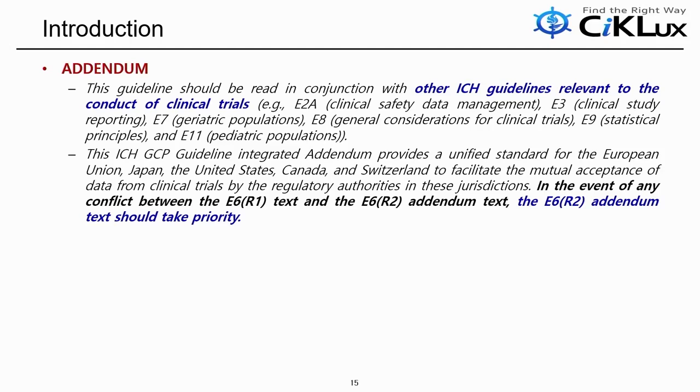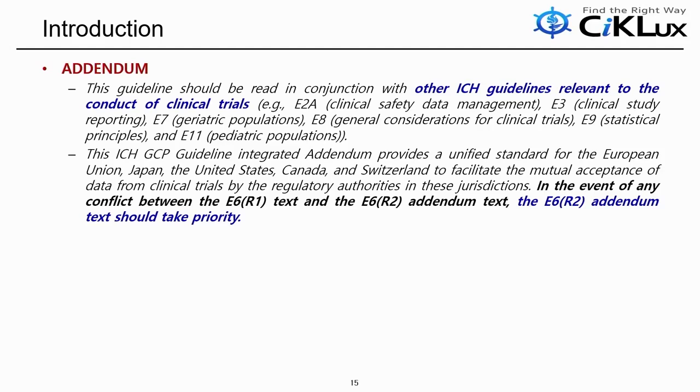So now we have R2. E3 reporting, E8 general considerations, E9 the statistical principles, E11 on the pediatric population, all relevant guidelines need to be read together. That was well stated in the introduction.